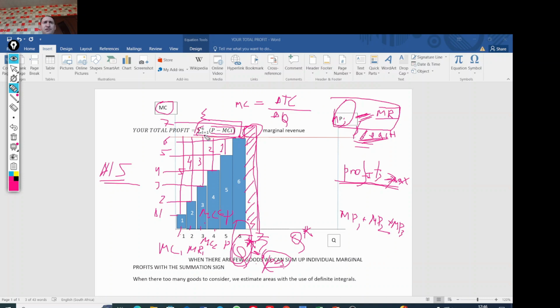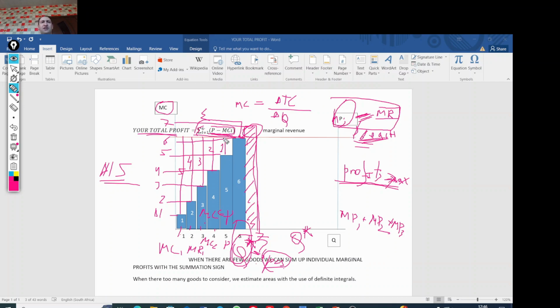You sum up 6 numbers, the marginal profits for each good to be produced in the series, from the first marginal profit to the 6th marginal profit. You sum up 6 numbers from the first to the 6th, these differences, and then you get the total profit. Your total profit is the sum of individual marginal profits up to the optimal production quantity.